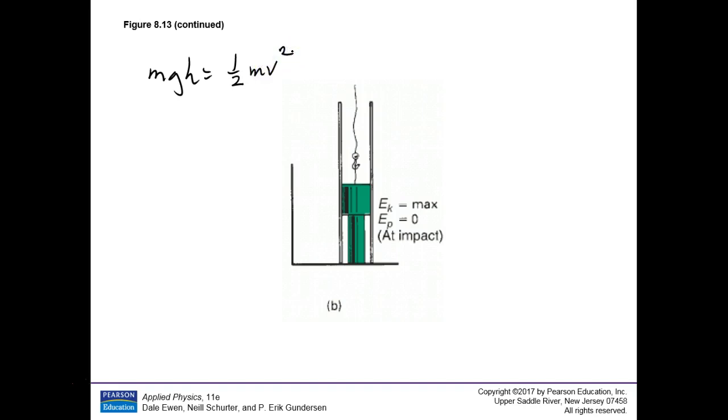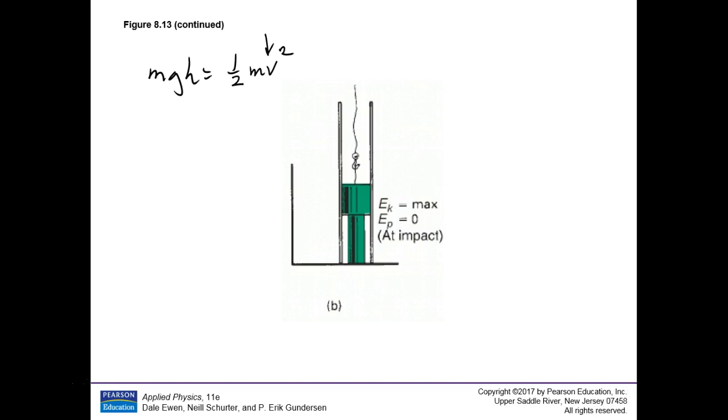Now, most of the time, we're looking for v. We usually know what the mass is. We always know what acceleration due to gravity is if you're on the surface of the Earth. We usually know what the initial height was. You can measure that. So we're looking for the velocity.